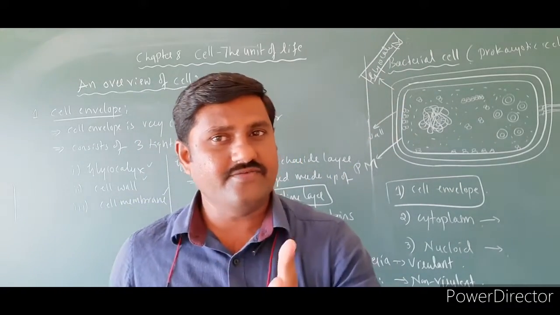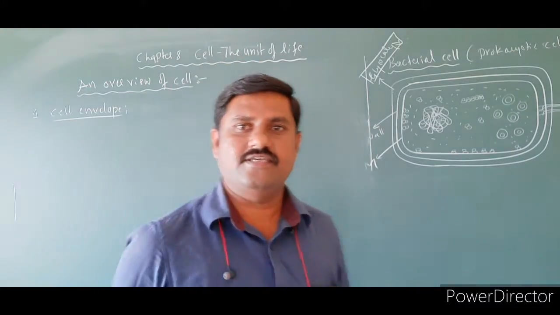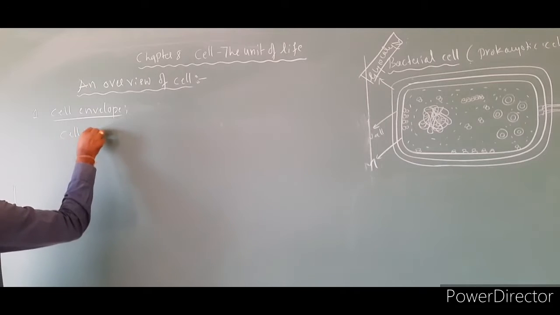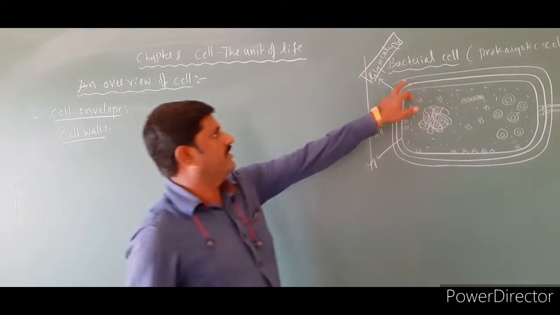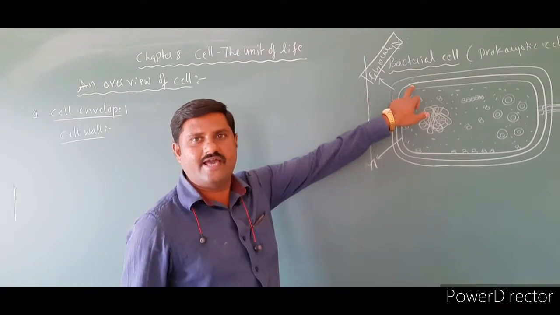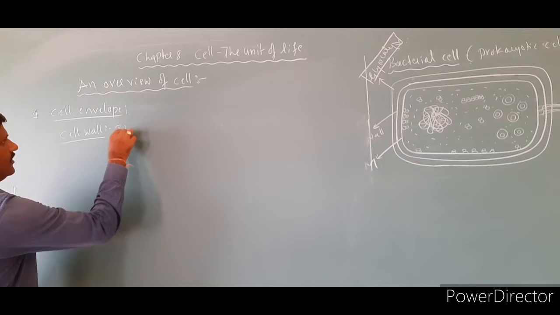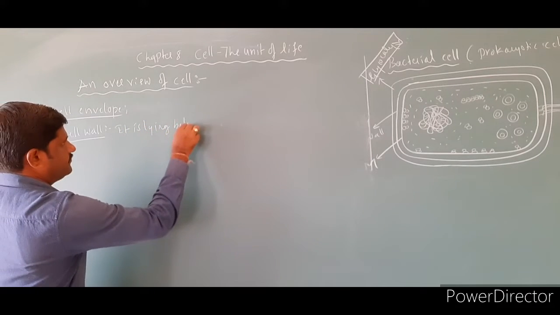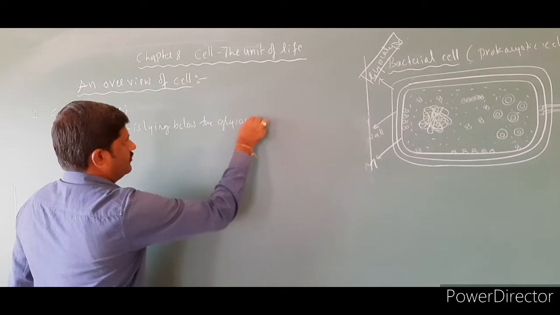And the second one is the cell wall. Let us see the cell wall now. This is lying below the glycocalyx.